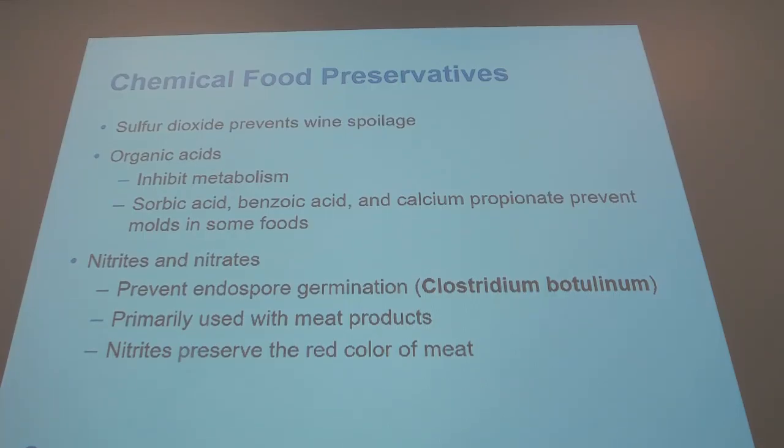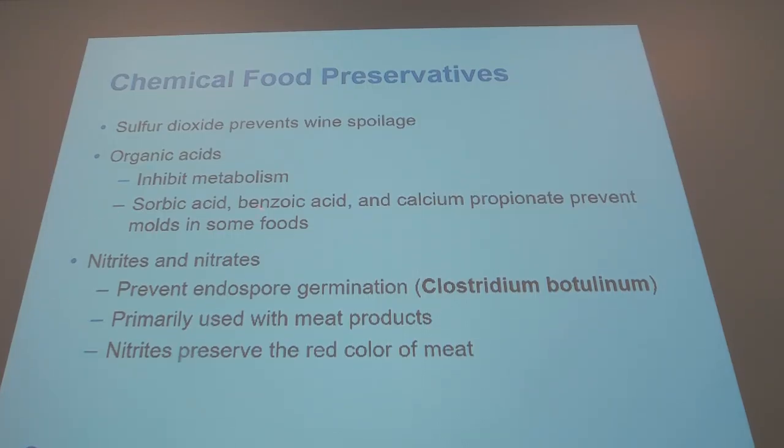They inhibit the metabolism of bacteria because most bacteria don't like to grow in acidic environments. And then some of them can even give this acidic taste to the food, like potato chips. They have this sorbic acid that tastes acidic in the mouth.